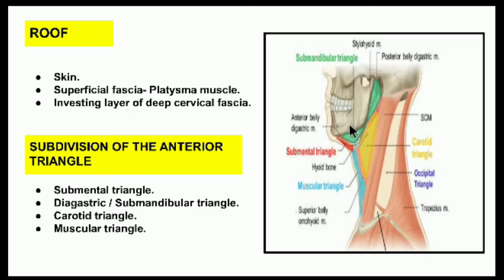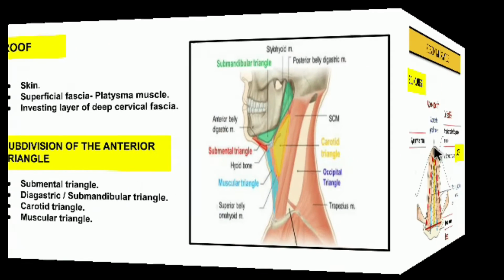The triangle below the submandibular region is the submandibular triangle or digastric triangle. In front we can see that red color is showing the submental triangle, blue color is showing the muscular triangle and yellow color is showing the carotid triangle. We will discuss in depth.